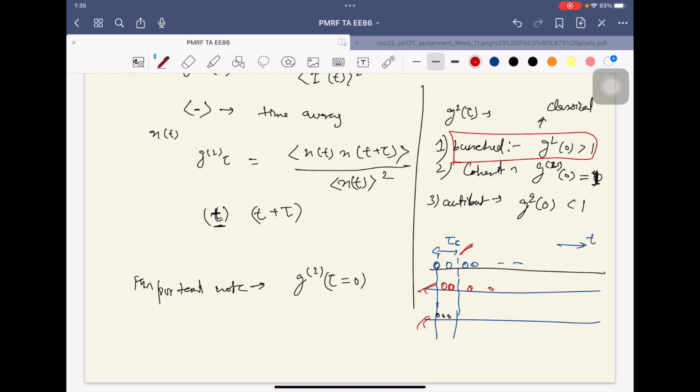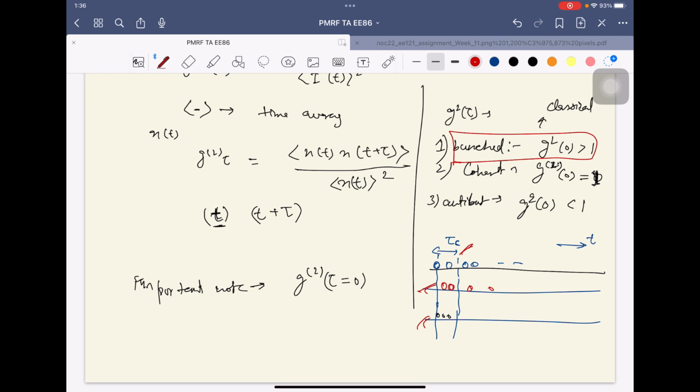This means that in the classical view of light, g2(0) can never be less than 1, that is, anti-bunched light is not possible. So why is it important that we are talking so much about g2? From this last statement we can see the importance of this parameter. It allows us to experimentally rule out the classical view of light.